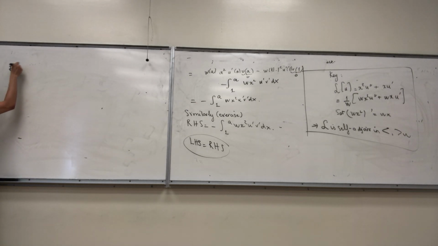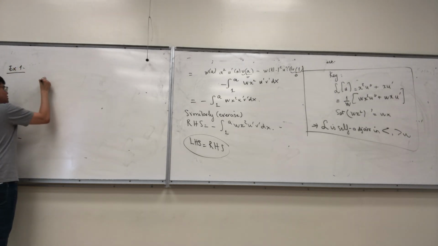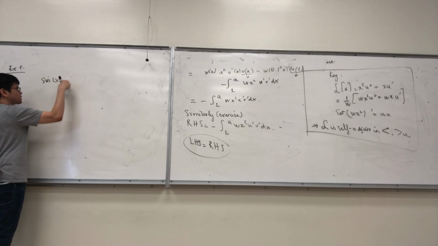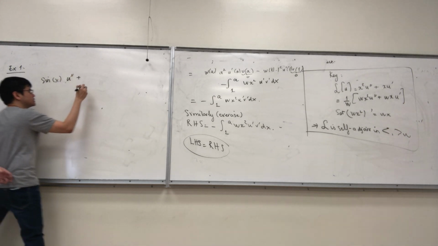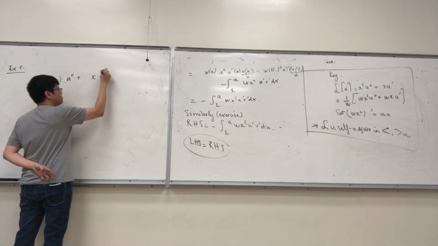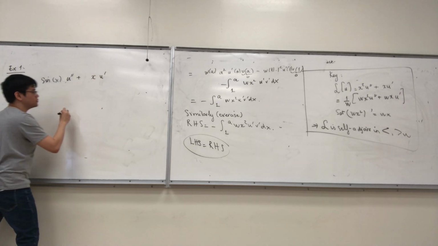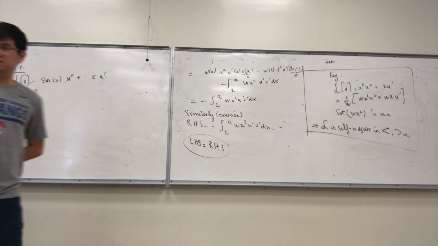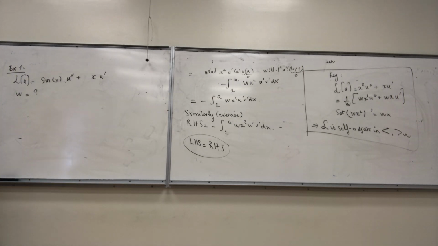So example 1. You have Lu equals sinus of x u second plus x u prime, right? So you have this operator. How do you find w? It's going to be the same.